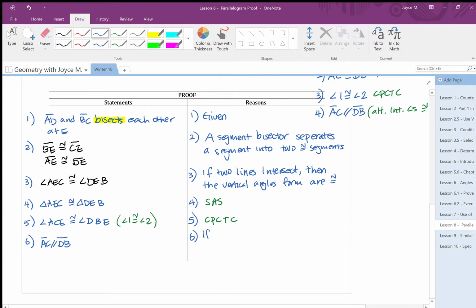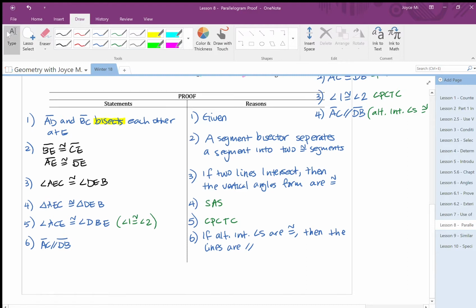So say if, let's write it short, alternating interior angles are congruent, then the lines that form those angles are parallel.